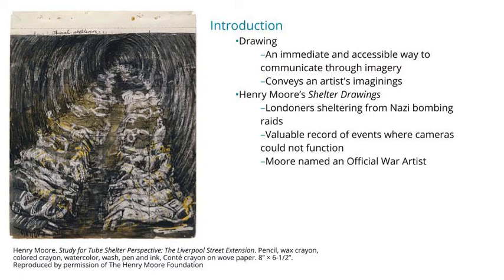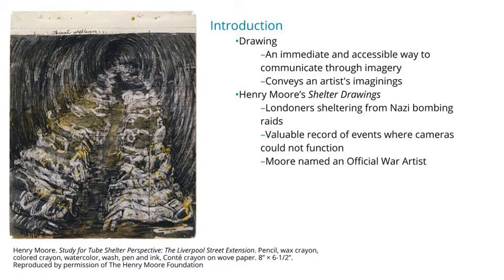Moore was actually named an official war artist because of this drawing series. So this is a very powerful image of Londoners all bunkered together as they shelter from bombs. Right off the bat, we can see that drawing can be used for some very powerful things.